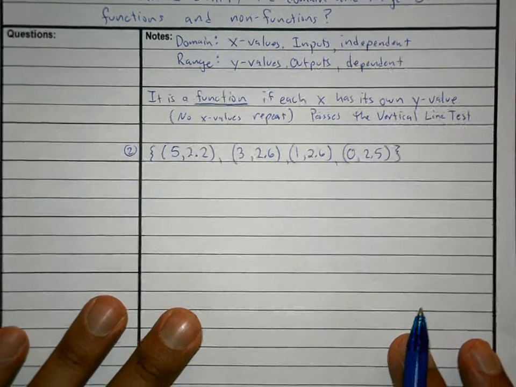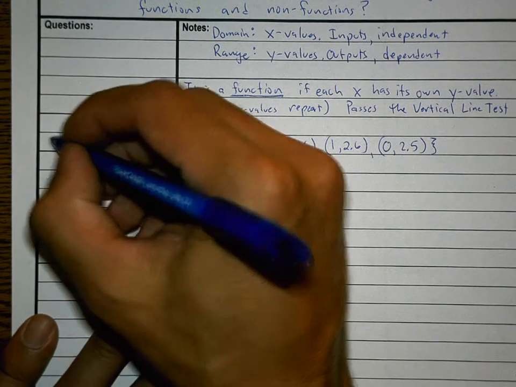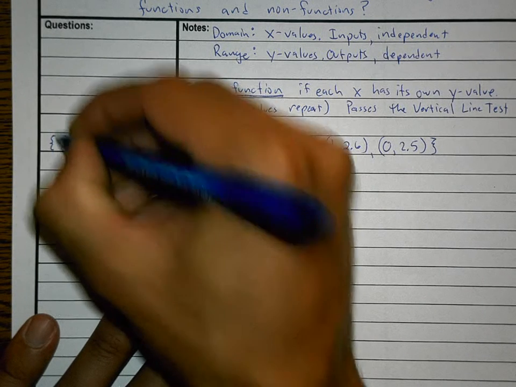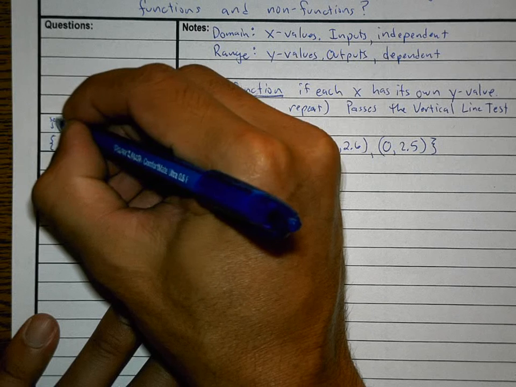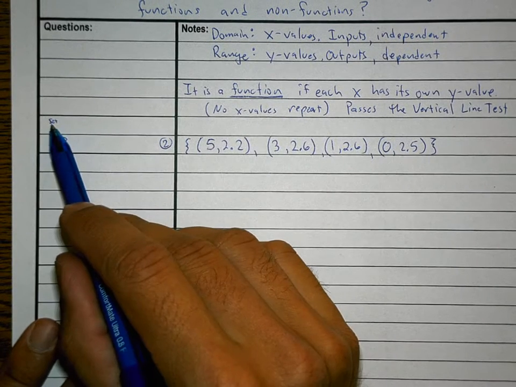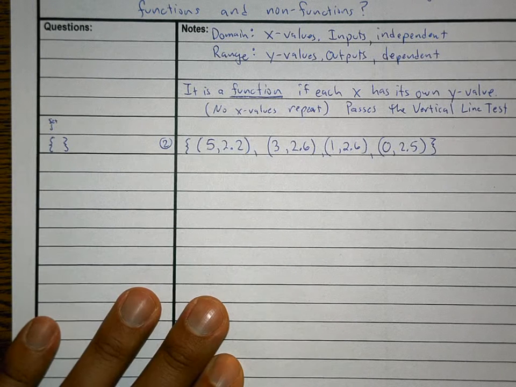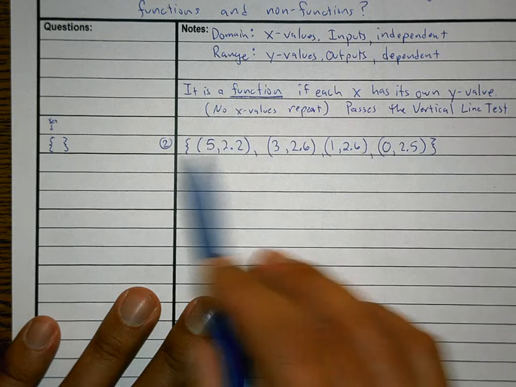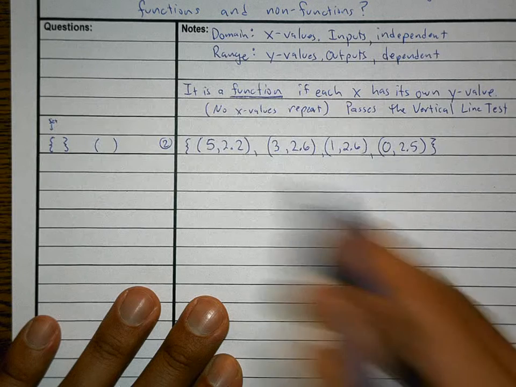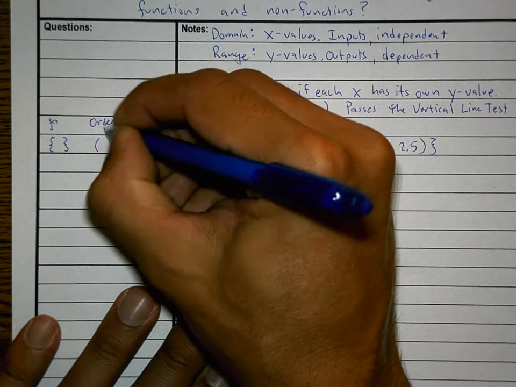When numbers are written in this way, if you see the curly brackets, this means a set of numbers. I know this is really small, but I wrote it: S-E-T, set. Curly brackets means it's a set of numbers. When you see the parentheses in this case, it means it's an ordered pair.